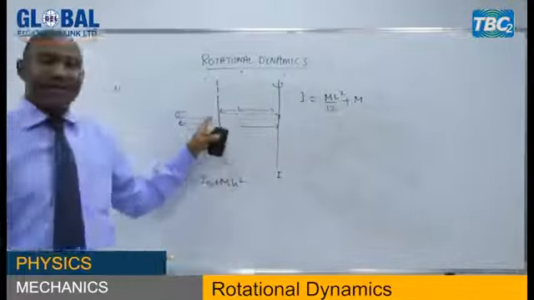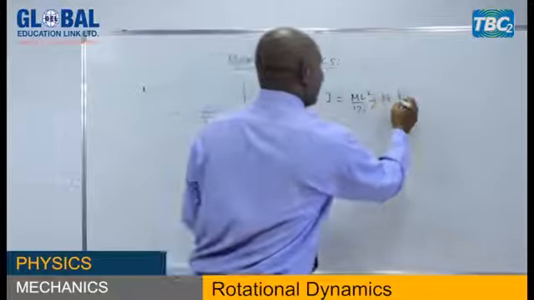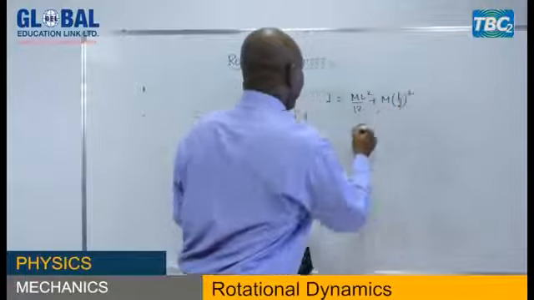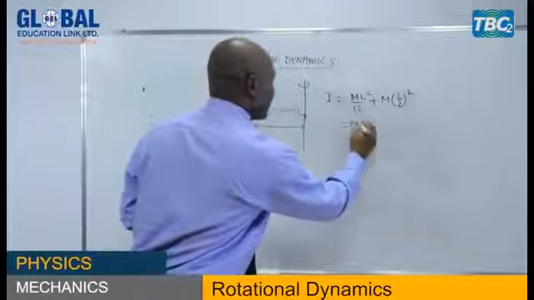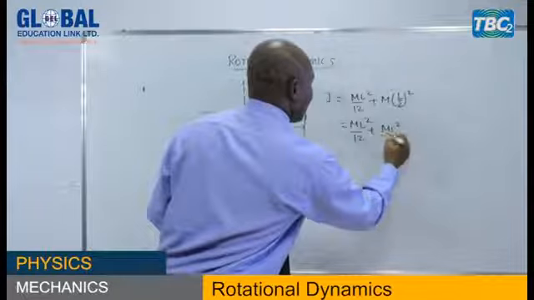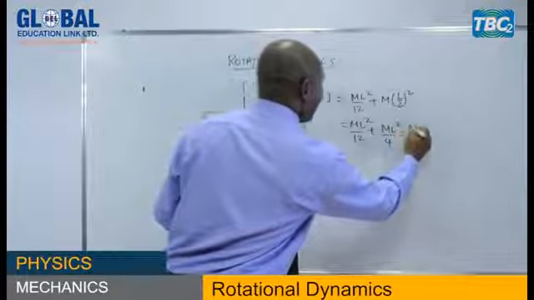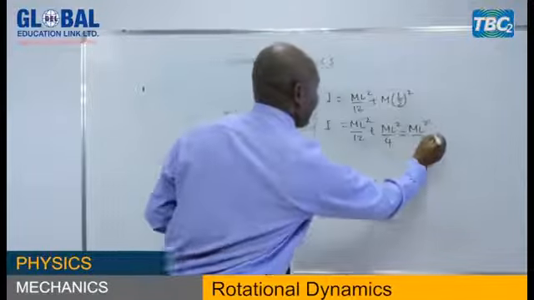Since this is passing through the center, our h is half, so it's L over 2, half of the whole length. And we get mL squared over 12 plus mL squared over 4. When simplifying, we get mL squared over 3.